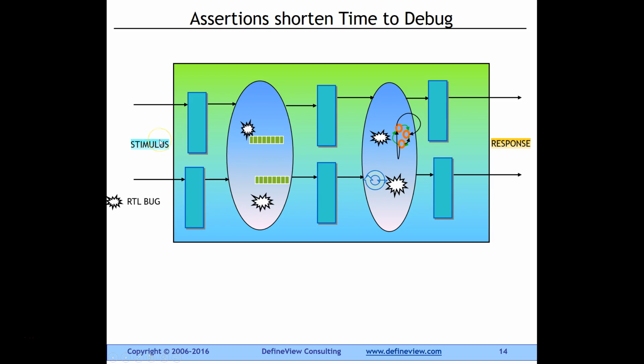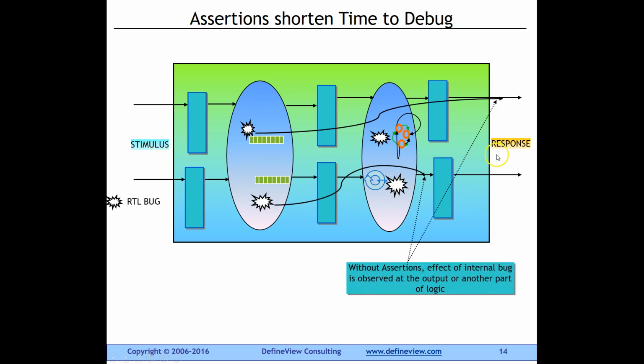You apply the stimulus, you look at the response, and what do you normally do? The test fails. So you start debugging, you keep going back, till you finally figure out that the FIFO overflow condition had been violated. And finally, you fix it. But it takes you a long time to simply go through this.